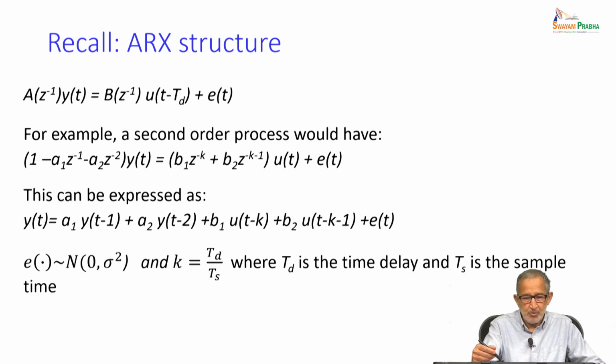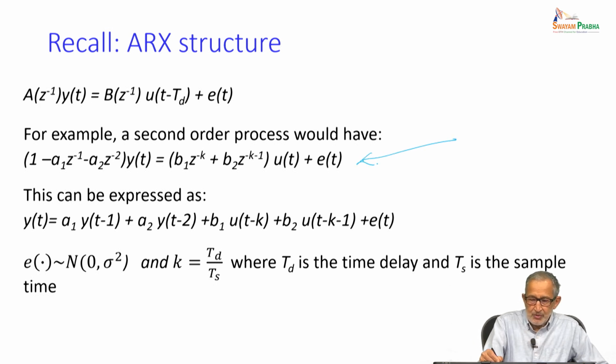Okay, so the ARX structure is as shown here. The second order process would be this process, and we can also write this in the following form. y(t) is a1 y(t-1) plus a2 y(t-2). So these are the two autoregressive terms.